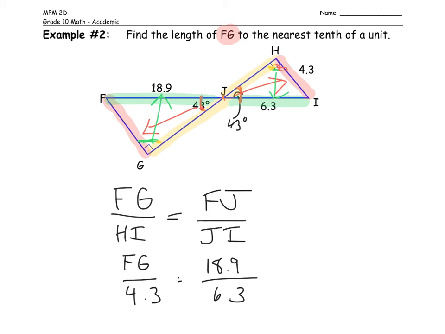So now I'm going to just take my 4.3 and move it up and multiply by it. So FG is going to be equal to 18.9 divided by 6.3 times 4.3. Grabbing my calculator to calculate that out.